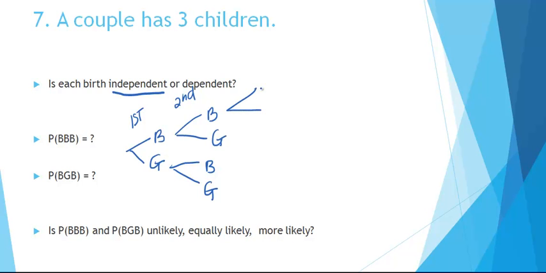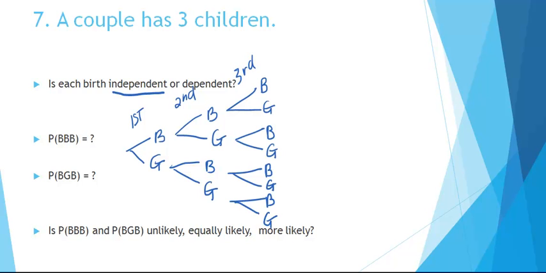And then here, boy, girl. This is the third birth. So I can look at each of these branches. The first outcome is all boys, or boy, boy, boy. And then the second one, I go boy, boy, girl.